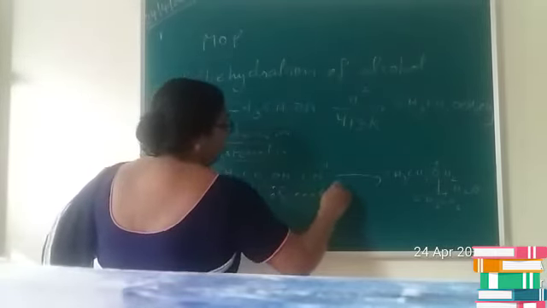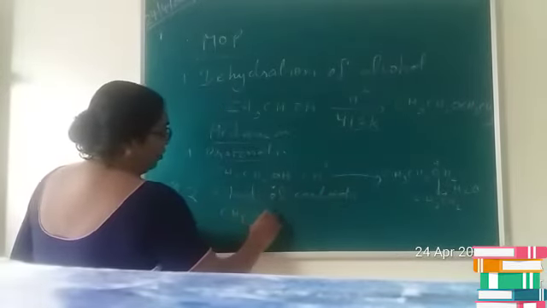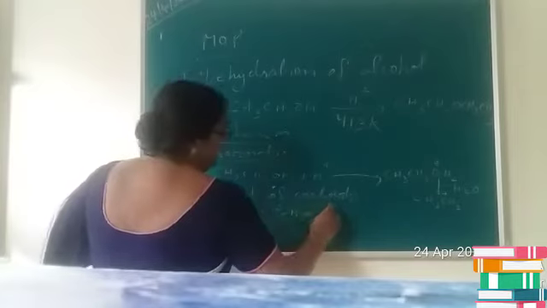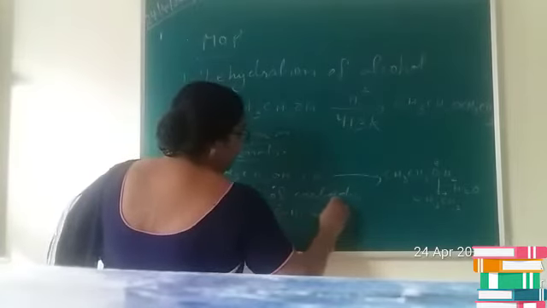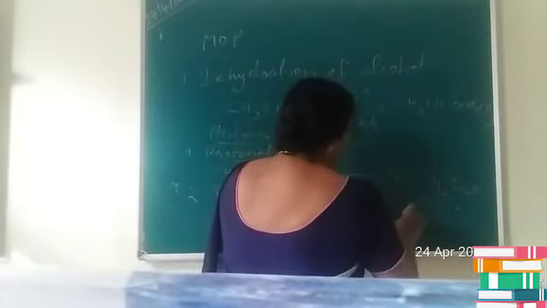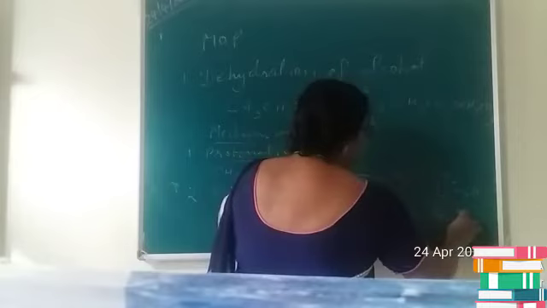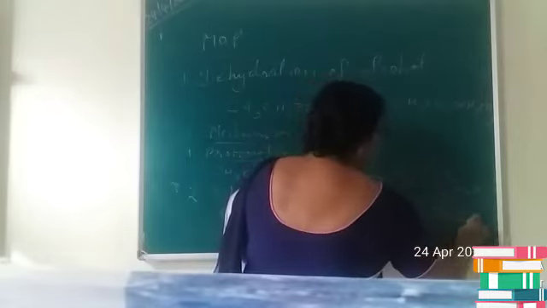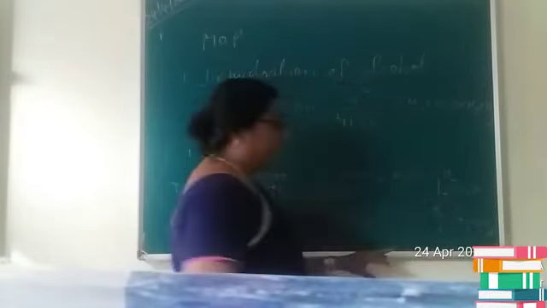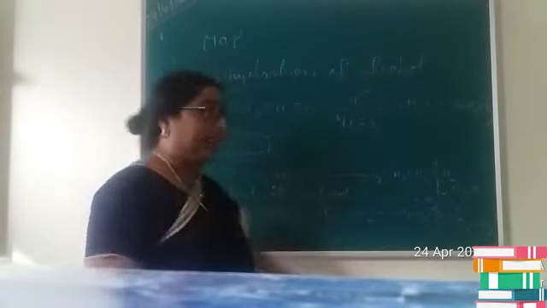CH3CH2OH plus CH3CH2+ will give you an addition product, CH3CH2OH+CH2CH3. Now just see, children, here you can see that one hydrogen ion is extra.